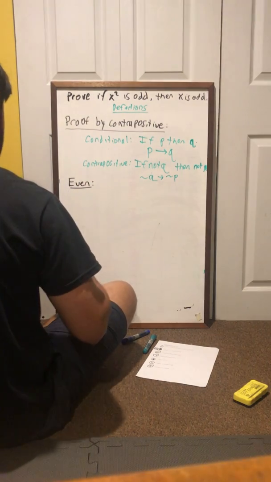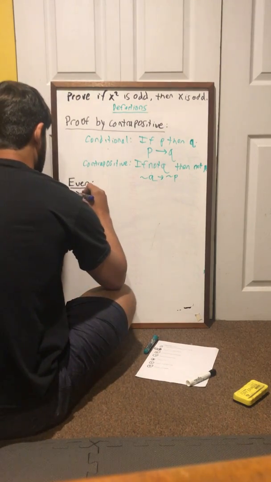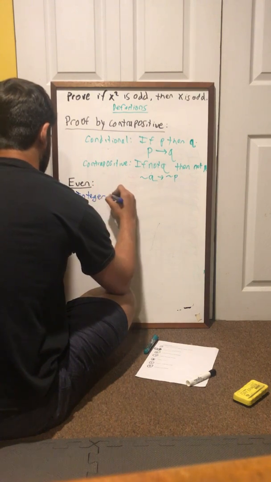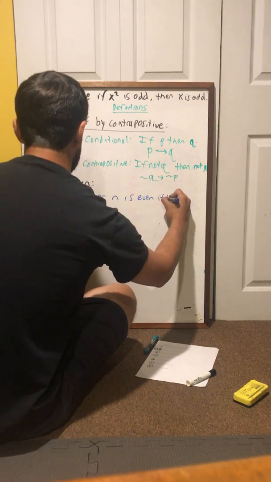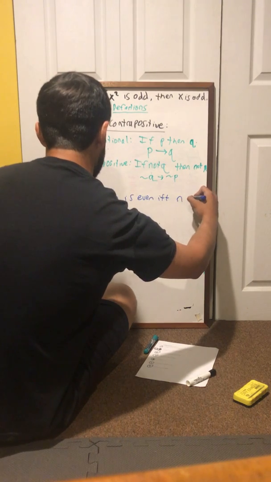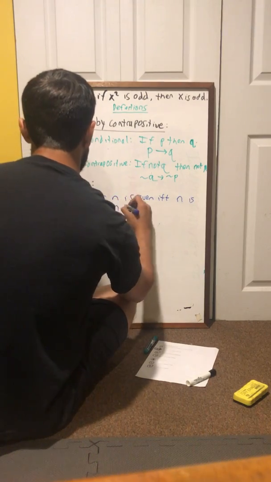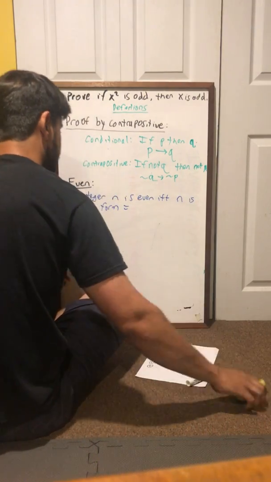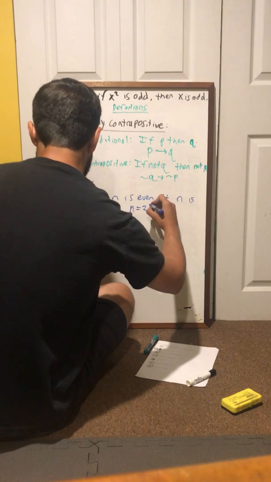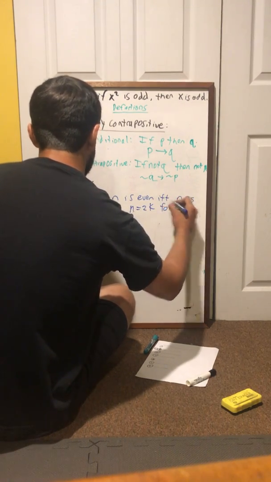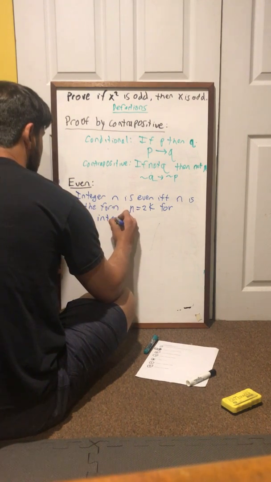Okay. So the definition of even: an integer n is even if and only if n is of the form n equals 2k for some integer k.